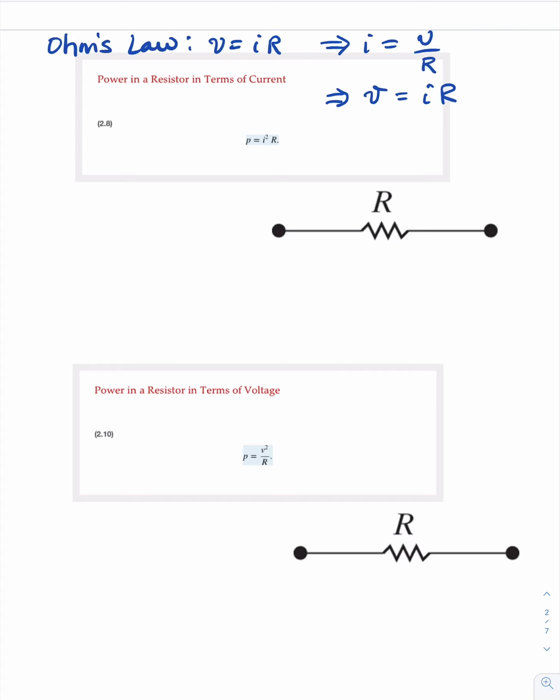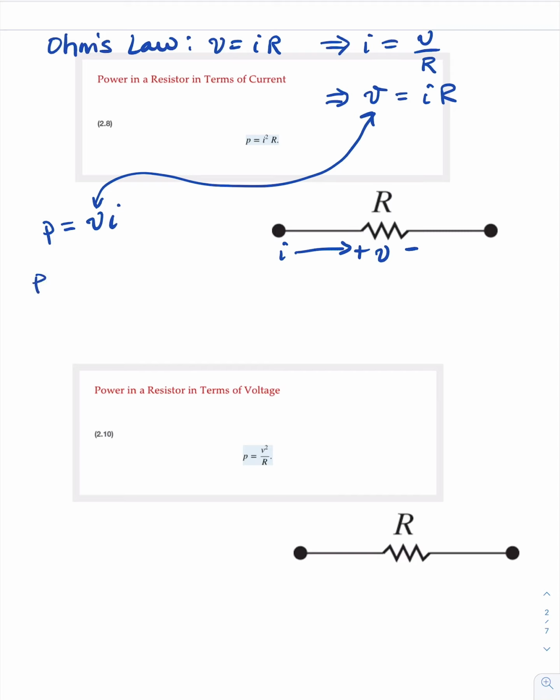Now we know that power is P equals VI. Now if I want to express power in terms of current and resistance, I would use this value for voltage, which is here, and I would plug it in.